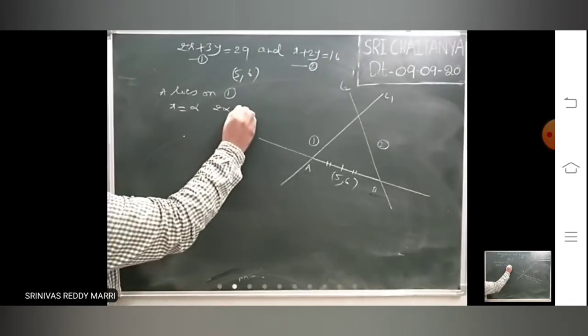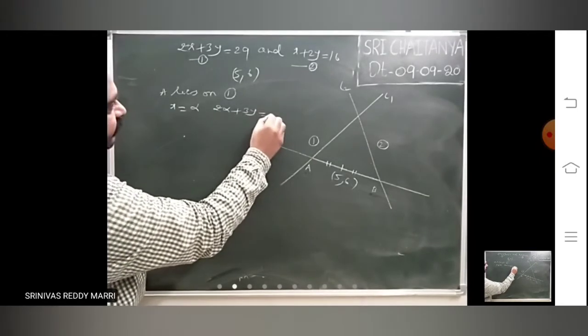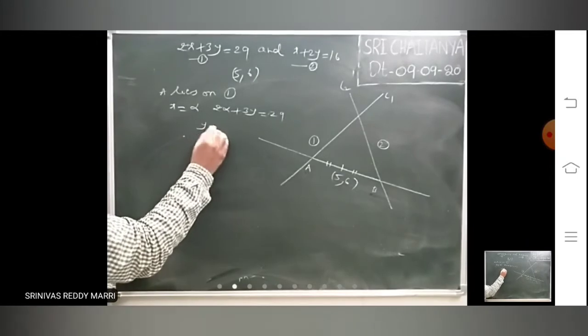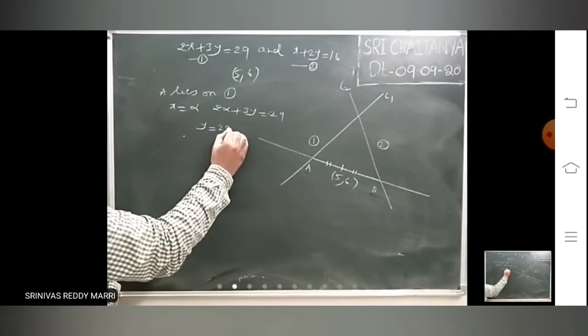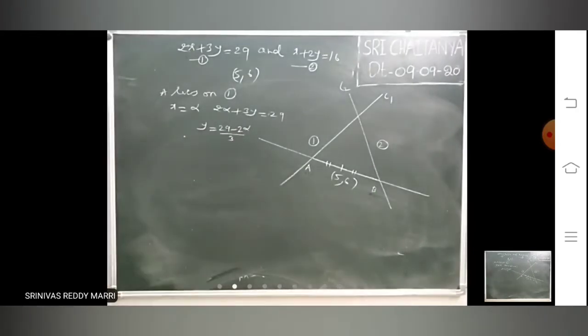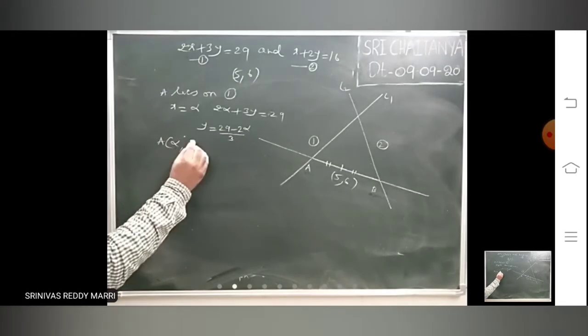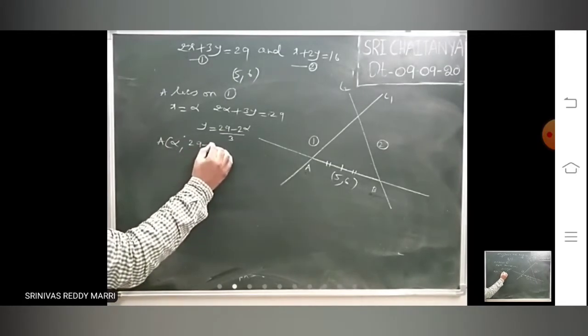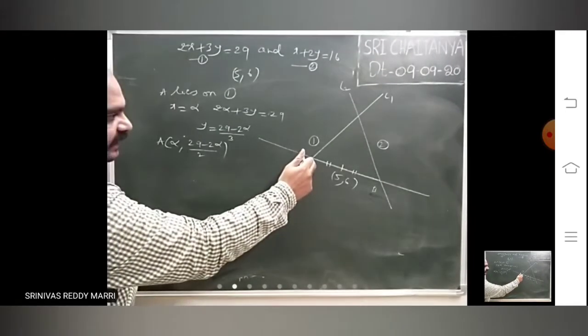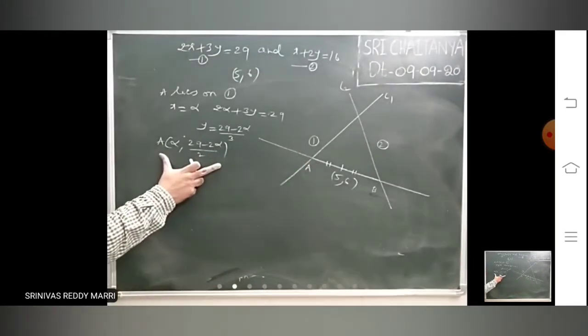So 2 alpha plus 3y equal to 29, that means y is nothing but 29 minus 2 alpha divided by 3. Let us take A in this form: alpha, comma, 29 minus 2 alpha divided by 3.